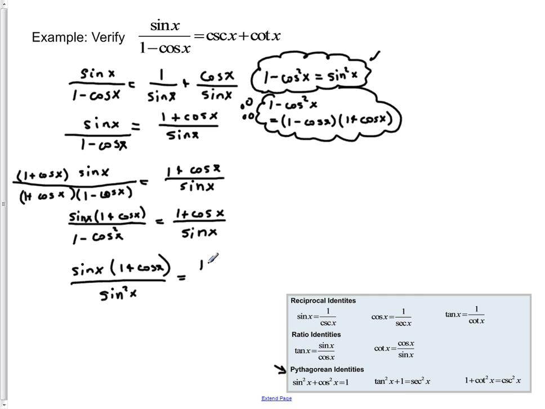And remember, we're trying to rewrite this expression on the left-hand side so that it looks exactly like the expression on the right-hand side. And we're almost home here, because we can certainly cancel a factor from the numerator with that in the denominator. We've got sine of x times sine of x in the denominator. We've got sine of x times 1 plus cosine of x. So canceling algebraically gives me 1 plus cosine of x on the left over sine of x.